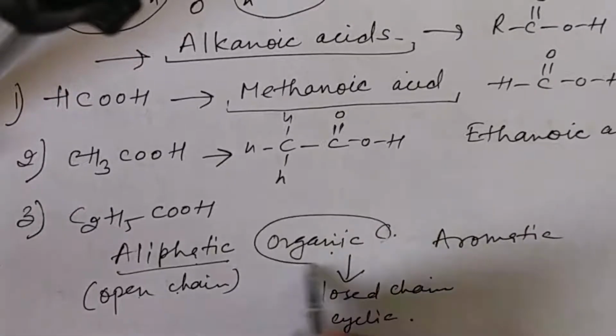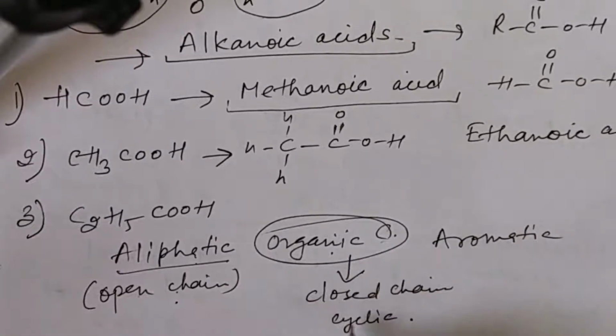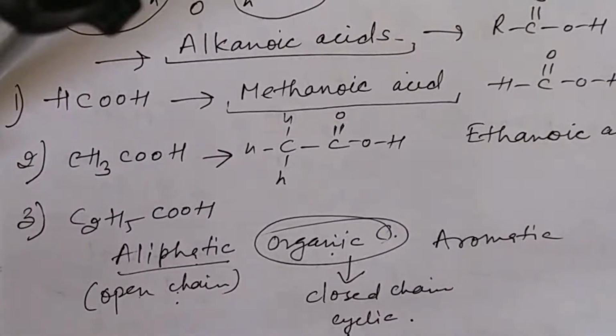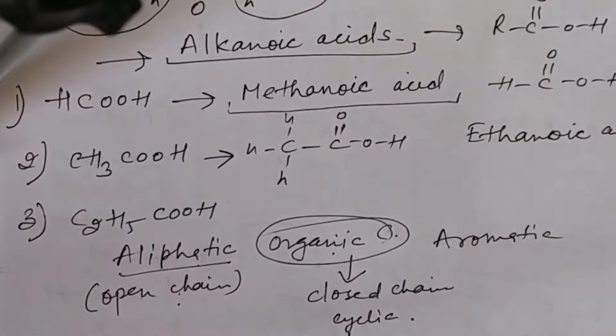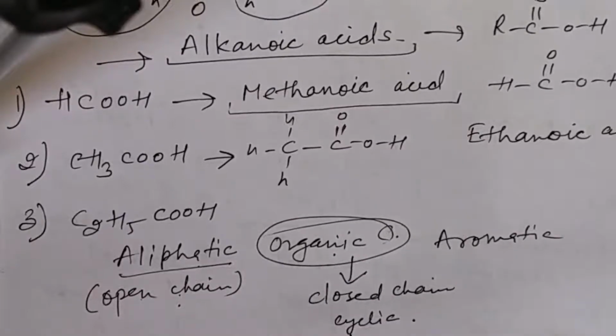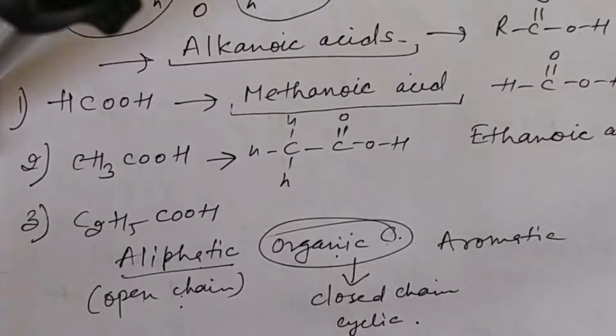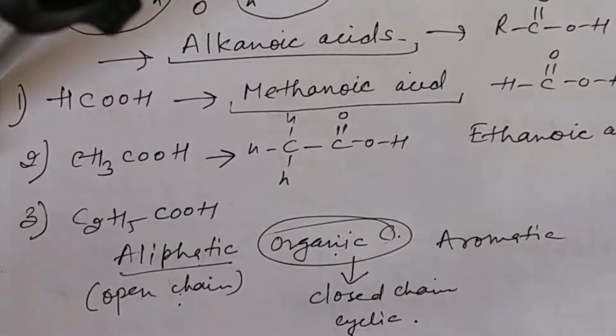Okay, now open chain and closed chain, how can you divide them? Closed chain can further be divided into three types: alicyclic, aromatic and heterocyclic. As we have already discussed all the types of organic compound classification in our videos, you can get the link in the description box.